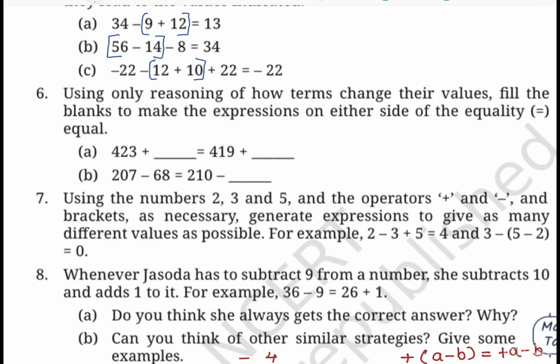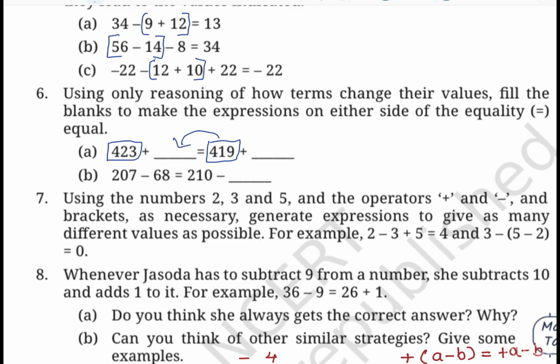Sixth question, using only reasoning of how terms change their values, fill the blanks to make the expressions on both sides of the equality equal. So here we can see that the term is positive 423. Here the term is also a positive term.